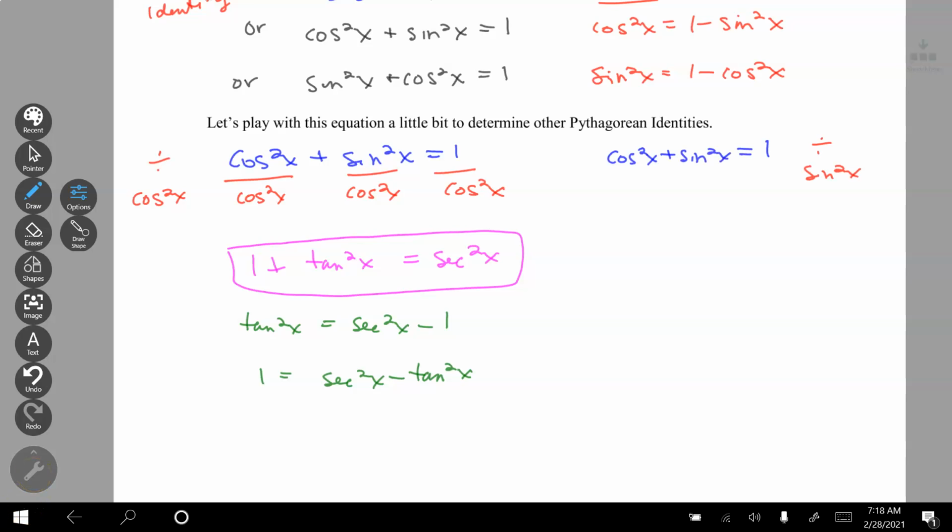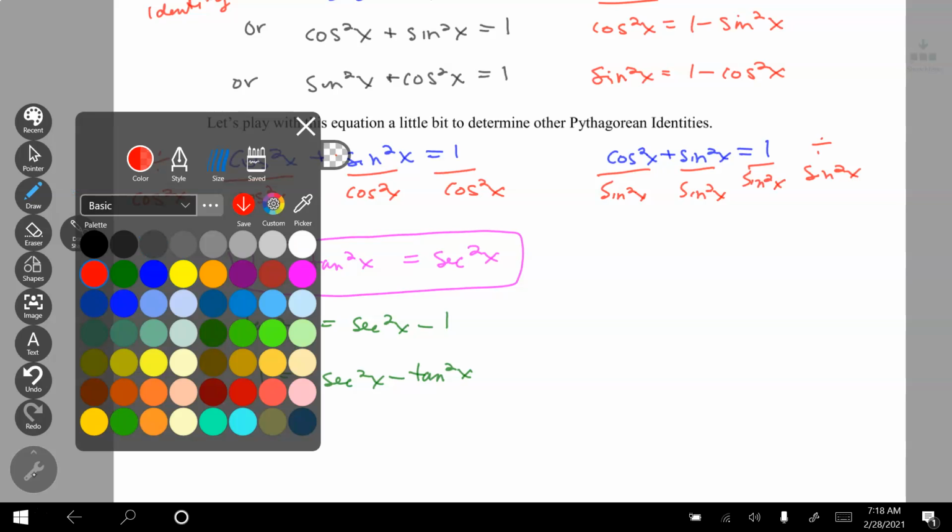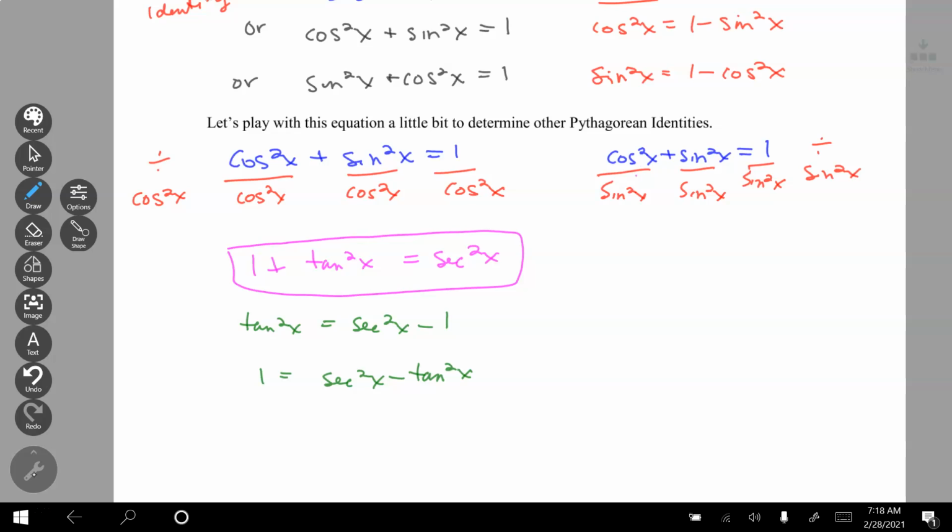This time I'm going to divide every term by sine squared of x. Once, twice, 3 times, and when I do that, cosine over sine is cotangent, so this is cotangent squared of x, plus sine squared over sine squared is 1, and 1 over sine is going to be cosecant, but now it's cosecant squared.